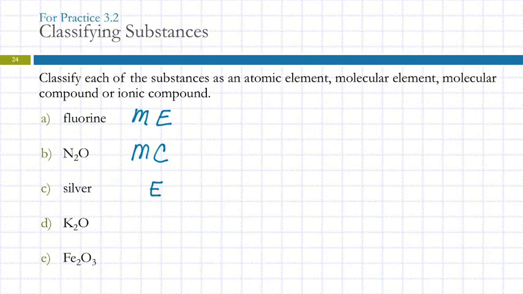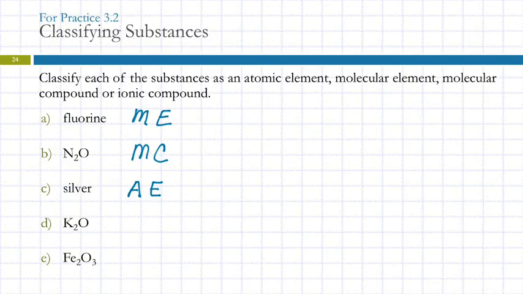So if you see a single word like this, and it's something you can find on the periodic table, then it's an element. Silver, is that molecular or atomic? It's going to be atomic. It's not one of the 7. And I won't try to trick you by asking you about sulfur or selenium or phosphorus.